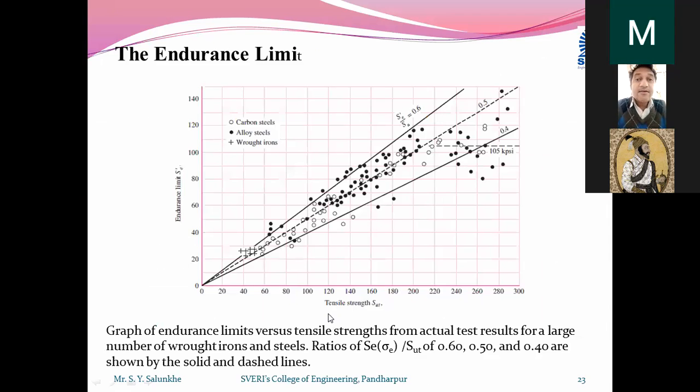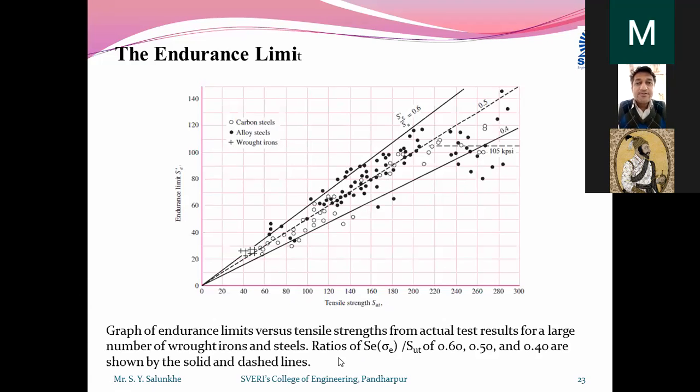Here the relation between the endurance limit and tensile strength has been illustrated in this graph, where different materials are taken: carbon steel, alloy steel, and wrought iron. These are the normally used materials in the design of various machine components, which is why this diagram has been drawn.